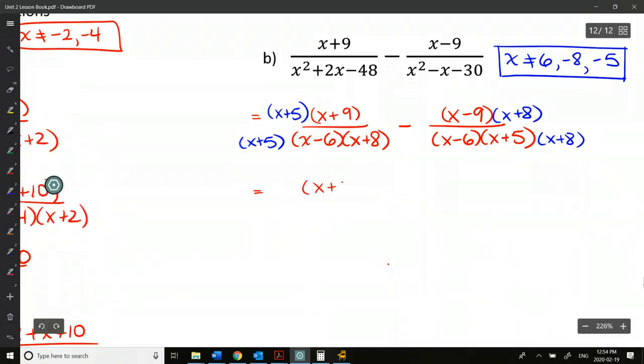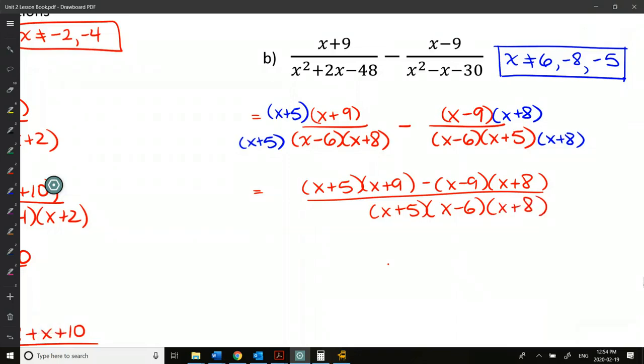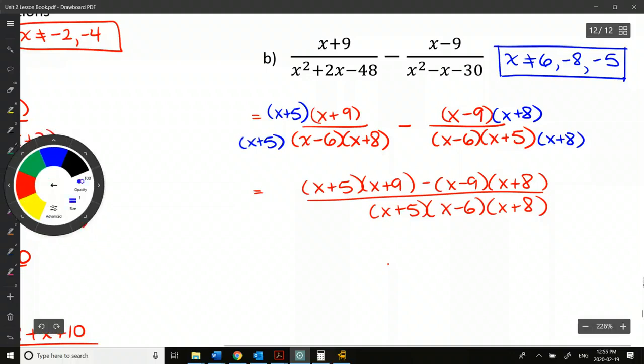Okay, so I am going to merge these together into one single fraction here. Keep in mind that there's a minus sign in between, so that minus sign goes in between your two numerator terms when you merge them. Okay, guys, when you have this, don't go cancel crazy.